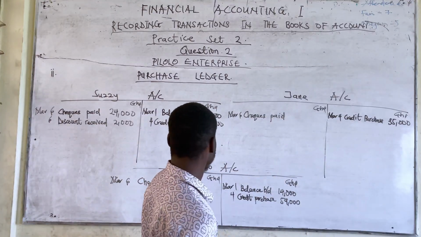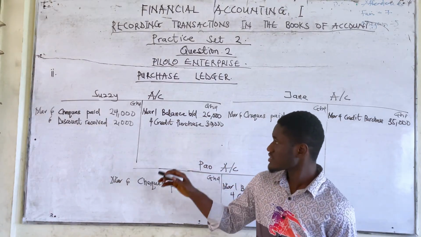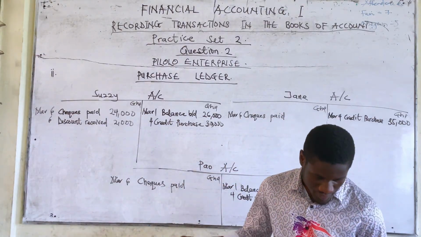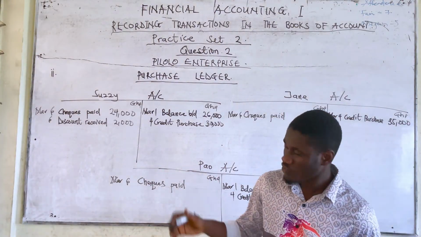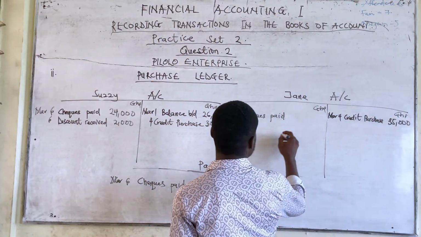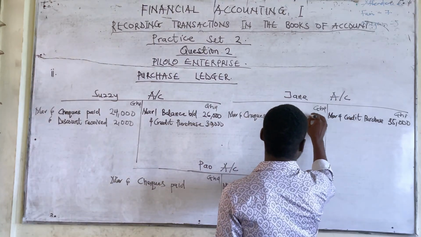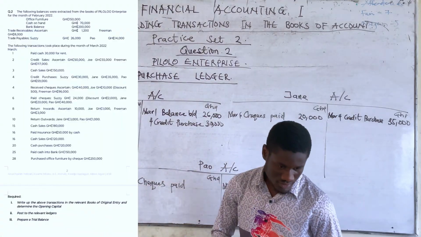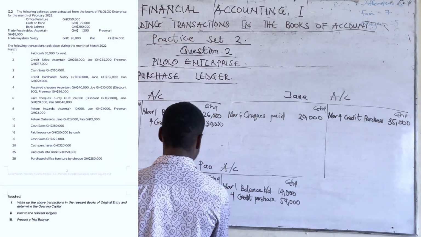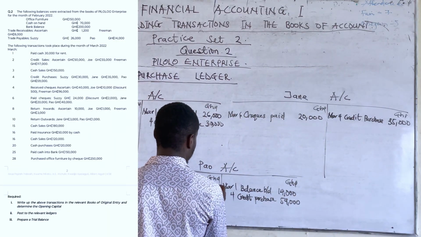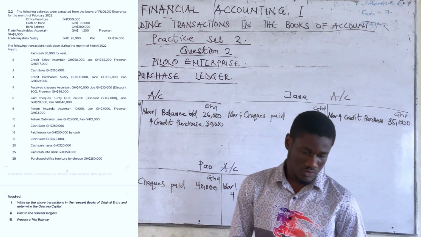So let's move to the other transactions involving this paycheck: 24,000, a discount of 2,000, Jane 20,000, then Paul 40,000. Good. So we move on.